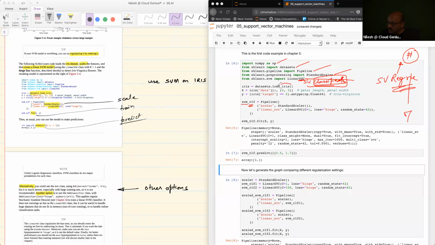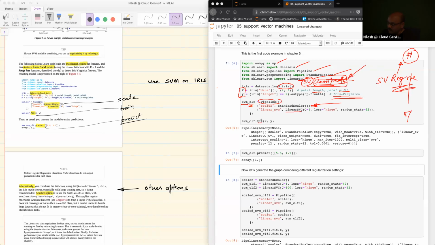We are loading the iris dataset, again focusing only on the petal length and width, not sepal width, not sepal length, just these two. And then grabbing the dataset in X and Y and putting a pipeline to first make it go through standard scaler and then running your linear SVC, which is your support vector classifier.